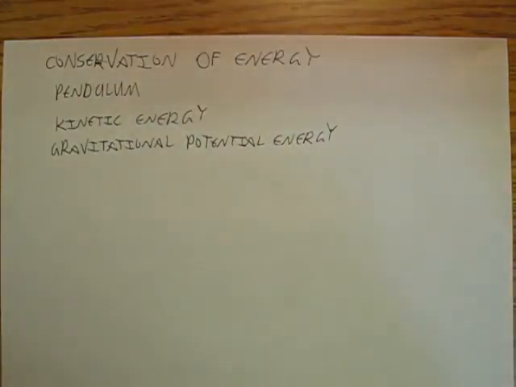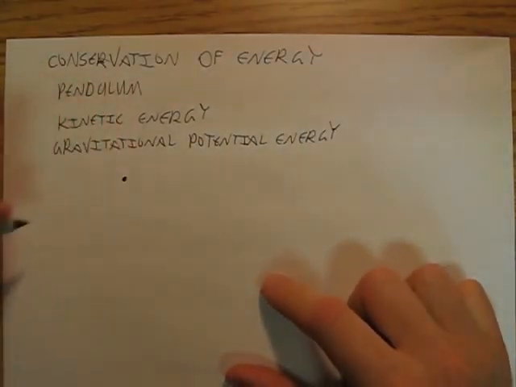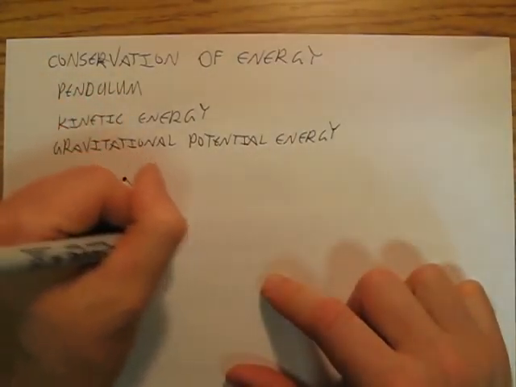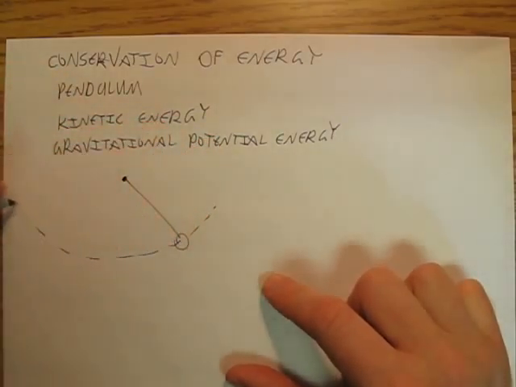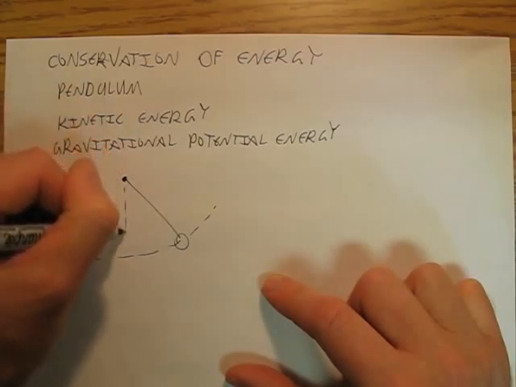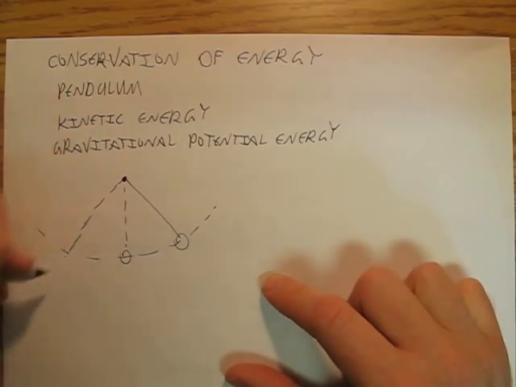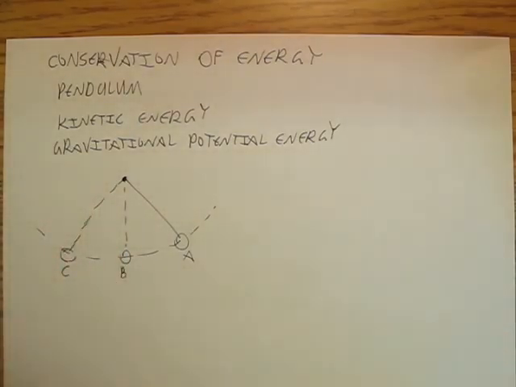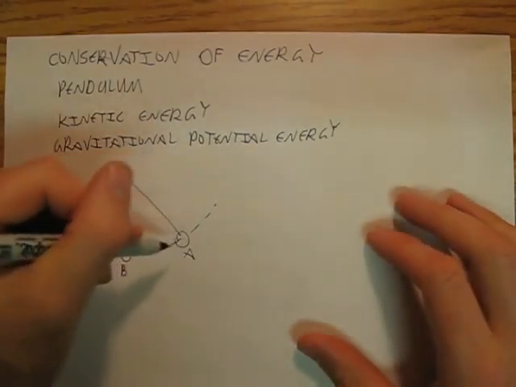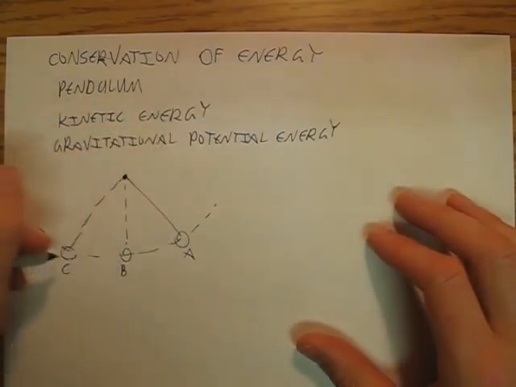So basically, if I think about a pendulum that's here, and then it's going to do a nice circular arc, so at some later time it's going to be here, and some later time it's going to be here, and we're going to call this A, B, and C, and it just swings back and forth like that.